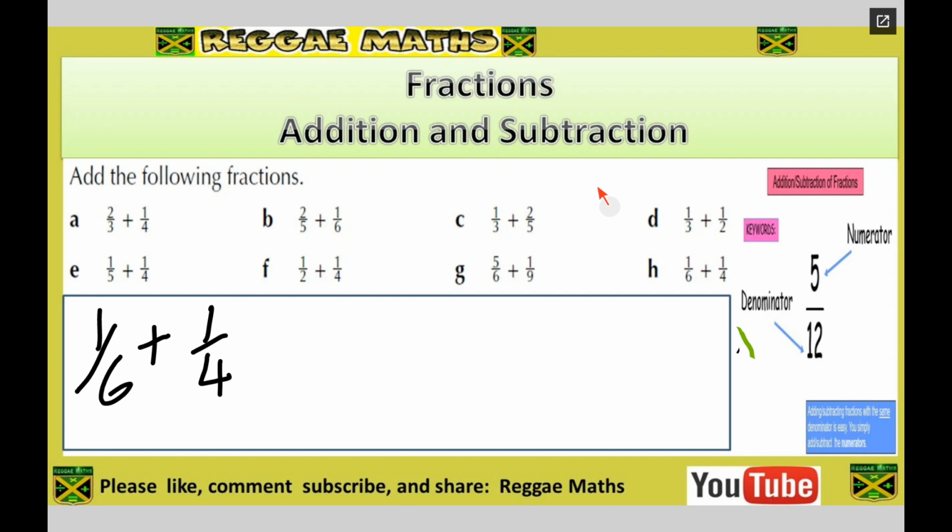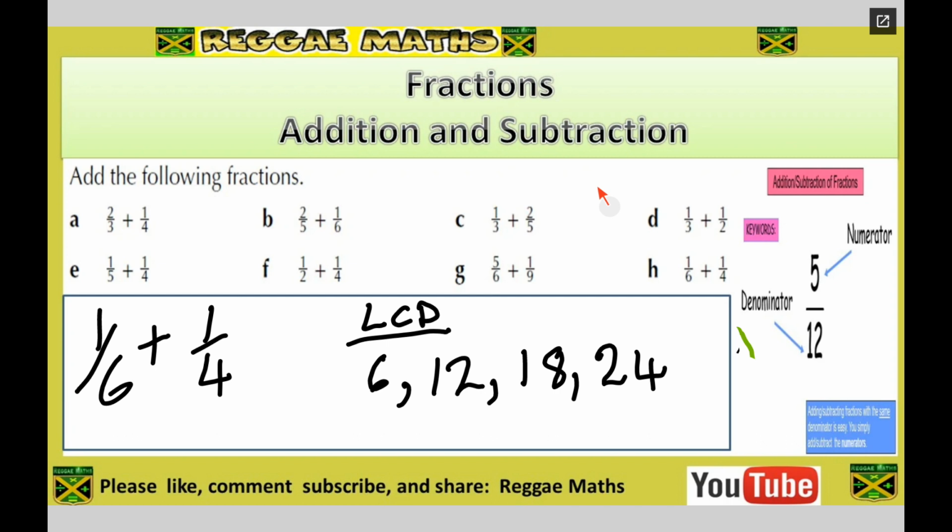For the lowest common denominator, let's list the multiples of 6: 6, 12, 18, 24, 30. And if we look at 4, we've got 4, 8, 12, 16.